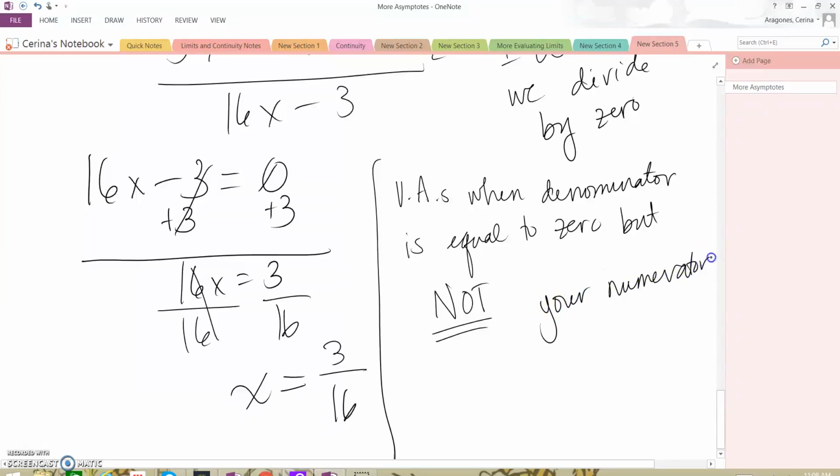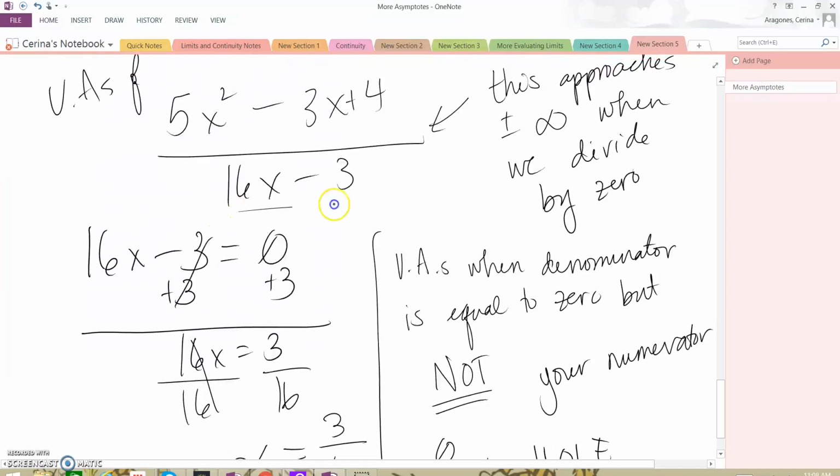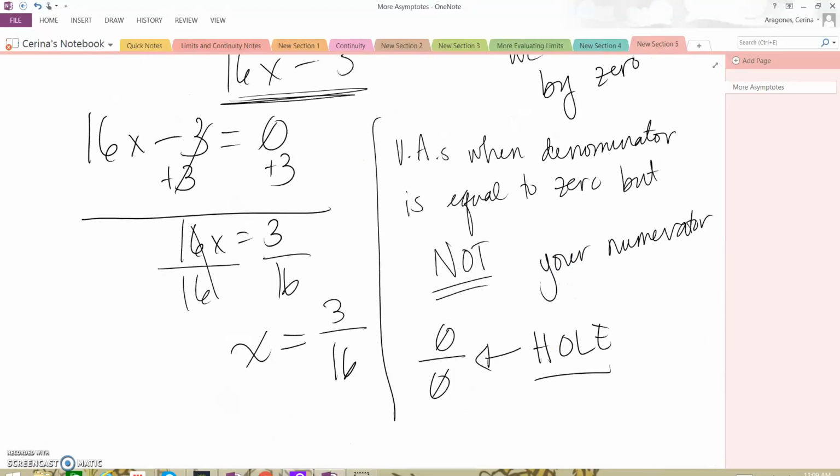Because if you have your denominator and your numerator equal to 0, so 0 over 0, that is a hole, okay? Not a vertical asymptote. So you want to make sure that whatever makes the denominator equal to 0 does not also make the numerator equal to 0, because then that's a hole, not a vertical asymptote. Okay, so that's horizontal and vertical asymptotes.